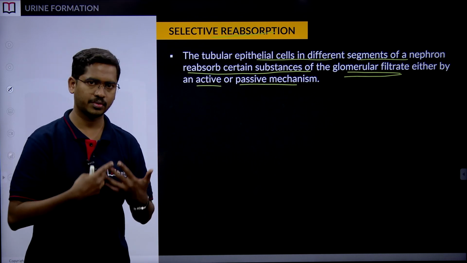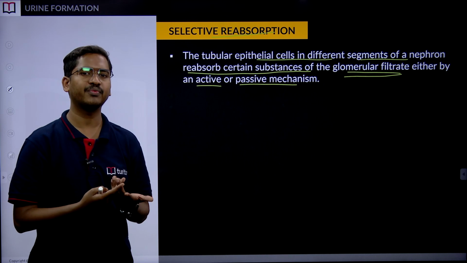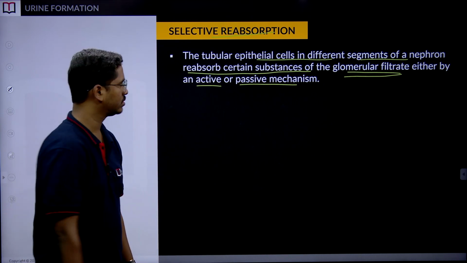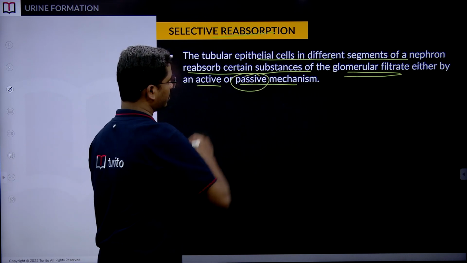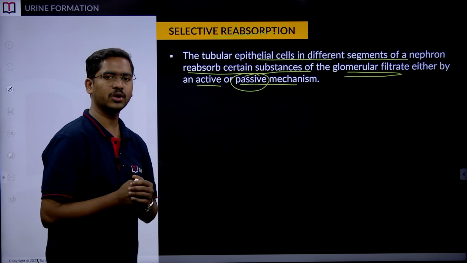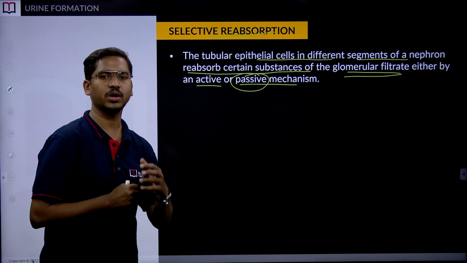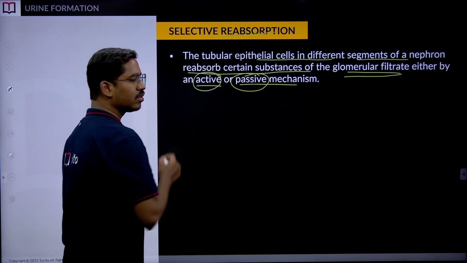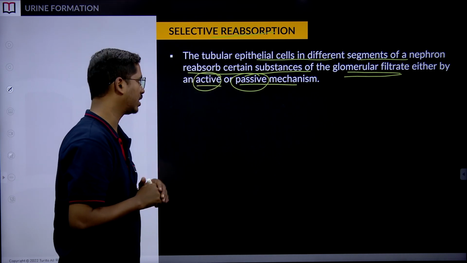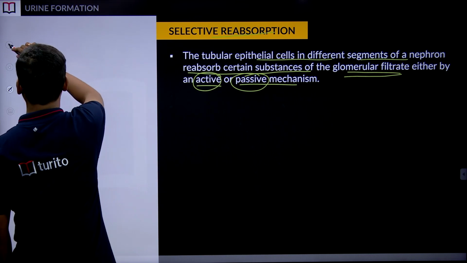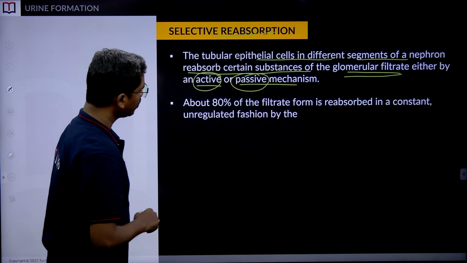That reabsorption may happen free of cost, that means no energy is used, that is passive. Sometimes, in order to absorb the glomerular filtrate, we need energy to be used. That is why it is mentioned here as active and passive mechanism of the reabsorption process. You know how much?